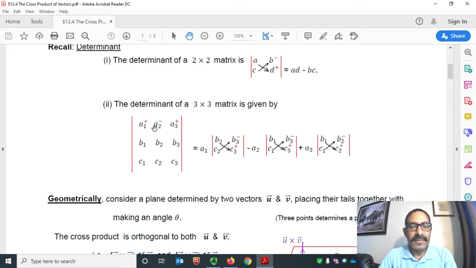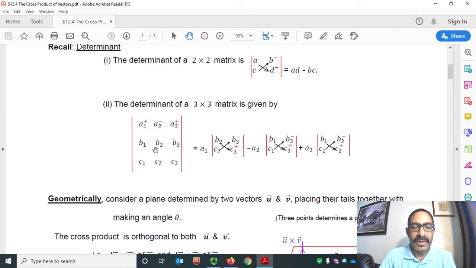And the next term is minus a2. Again, cross out the row and column containing a2. Then write down the determinant here, which is b1, b3, c1, c3. Similarly, plus a3, cross out the row and column containing a3.